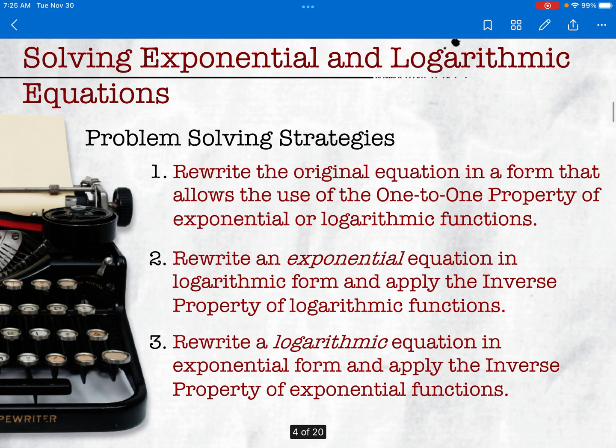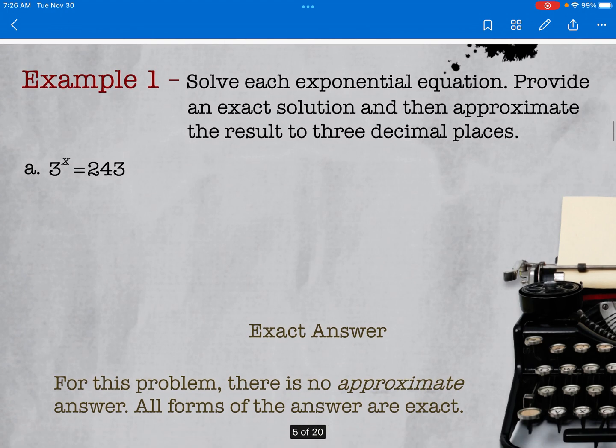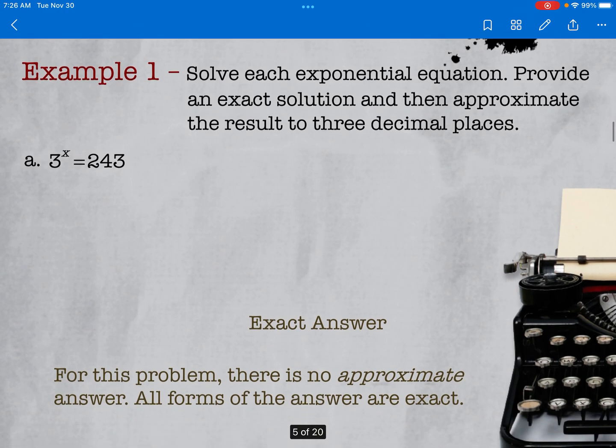Now, when we get into exponential and logarithmic equations, we're going to have to rewrite them in order to make them solvable. So we might have to go from exponential to logarithmic or logarithmic to exponential. And in the process, I'm also going to show you a little trick about solving these types of equations.